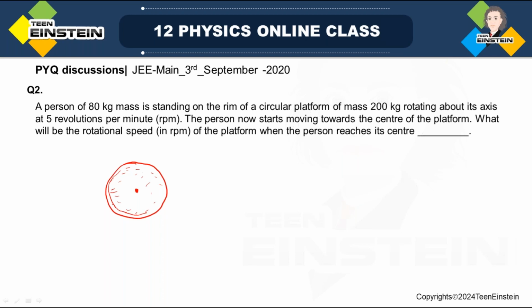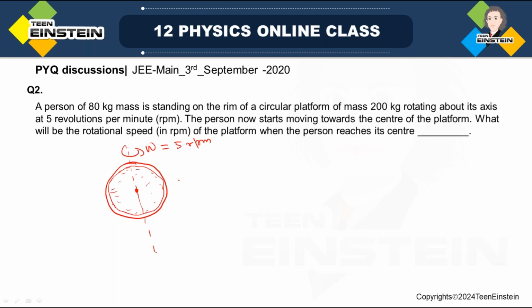Rim in the sense edge, just like the rim of a cycle. This is the axis of its rotation, which goes through its center of mass and perpendicular to its plane. Suppose it is rotating with a certain omega that is given, that is 5 rpm, 5 revolutions per minute.